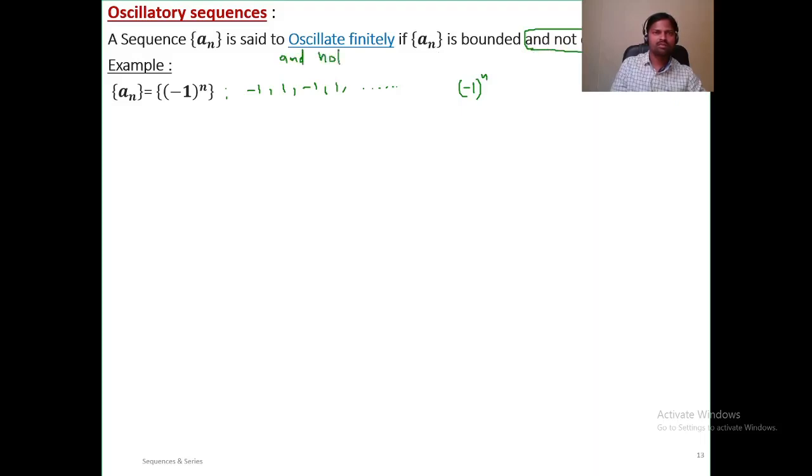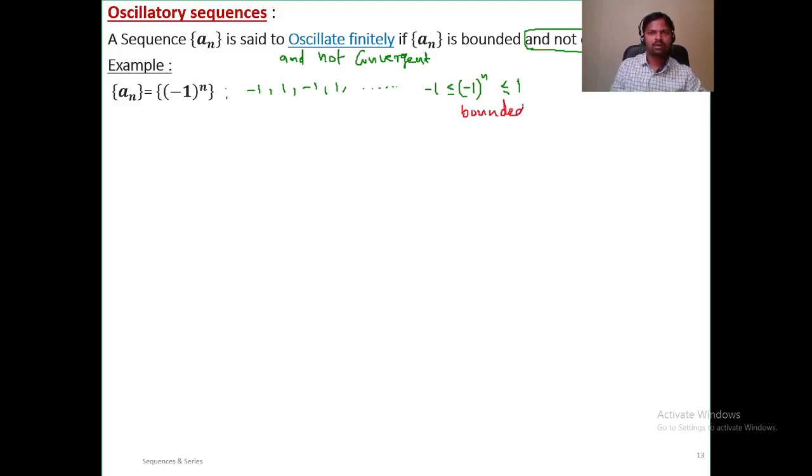If a_n is bounded and not convergent, that is called oscillatory finite. So (-1)^n is always bounded below by minus 1, bounded above by 1. So here the sequence is bounded, but it is not convergent.